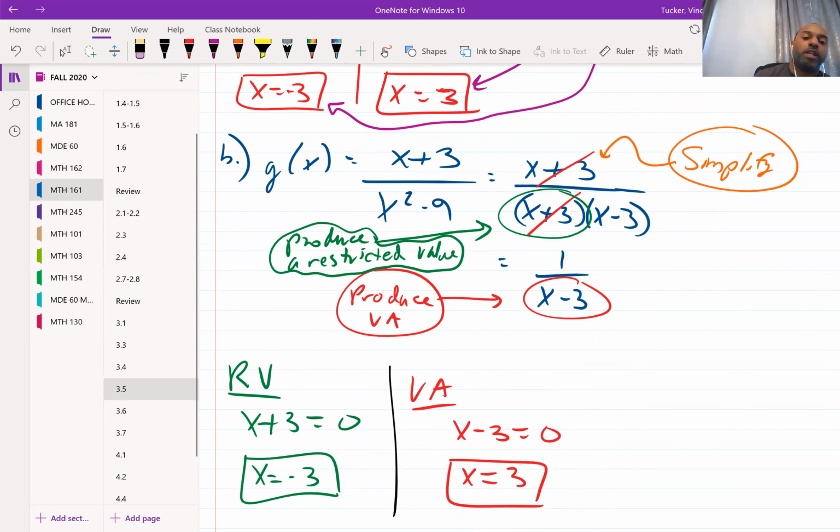So if it cancels out, it's going to produce a restricted value that your equation cannot use, but the actual vertical asymptote will be produced by whatever is left in your denominator. Any problems before we look at the next one?